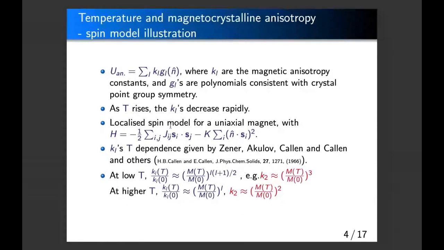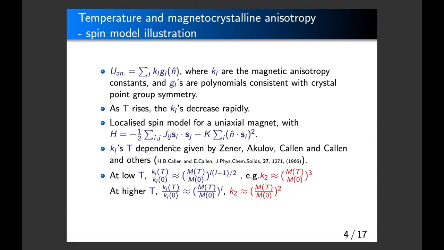If one writes down that Hamiltonian and carries through some statistical mechanics for the model, you can use a mean field treatment or whatever, then one can characterize the magnetic anisotropy as a function of temperature and get a handle on these coefficients that you could then feed into your longer length scale magnetic modeling.